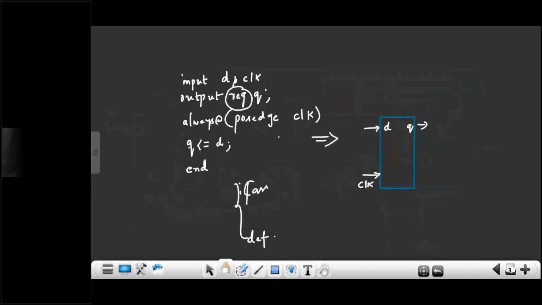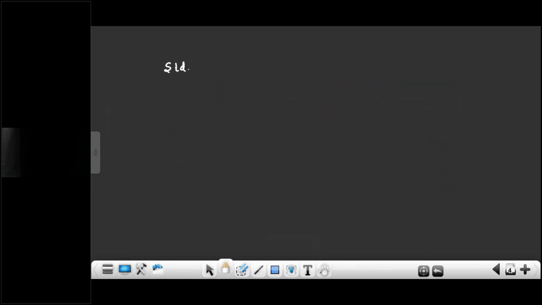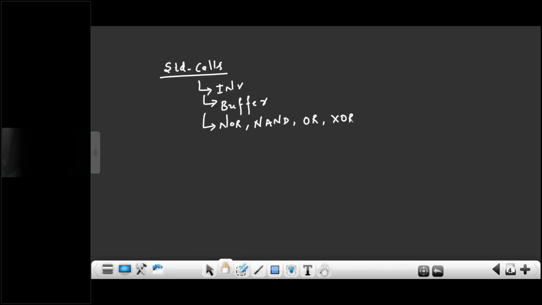See, there are a few gates called standard cells. Like we use some standard cells like inverter, buffer, NOR gate, NAND gate, OR gate, XOR gate, AND gate, AOI gate. What is the meaning of AOI gate?